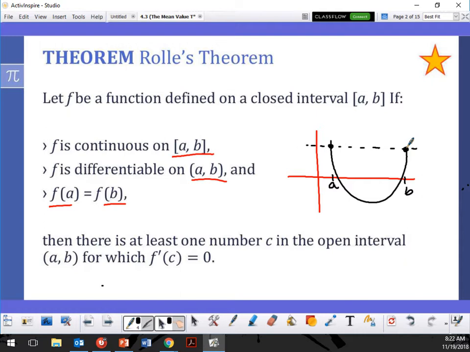So those endpoints have the same y value. For this to be true, it's differentiable on this interval and they are equal. My point is right here: what's the slope right there? 0. If the endpoints are equal, then somewhere in between there's going to be a place in which the slope is equal to 0.